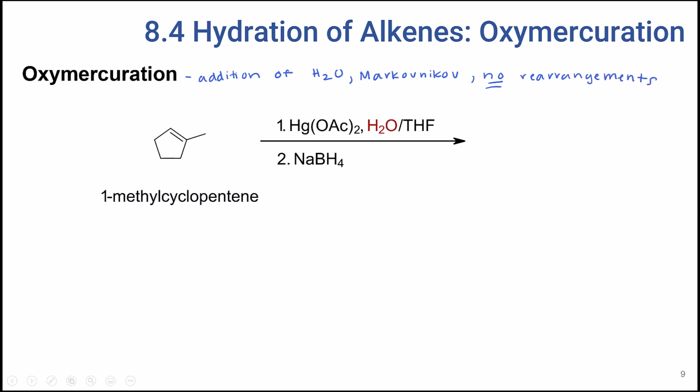If we're going to look at our alkene, the more substituted side is the one that has more carbon groups coming off of it. So that's where our alcohol is going to go. We don't have to worry about rearrangement. So my OH goes to the more substituted side. The hydrogen, if you choose to draw it in, goes to the carbon that has more hydrogens.